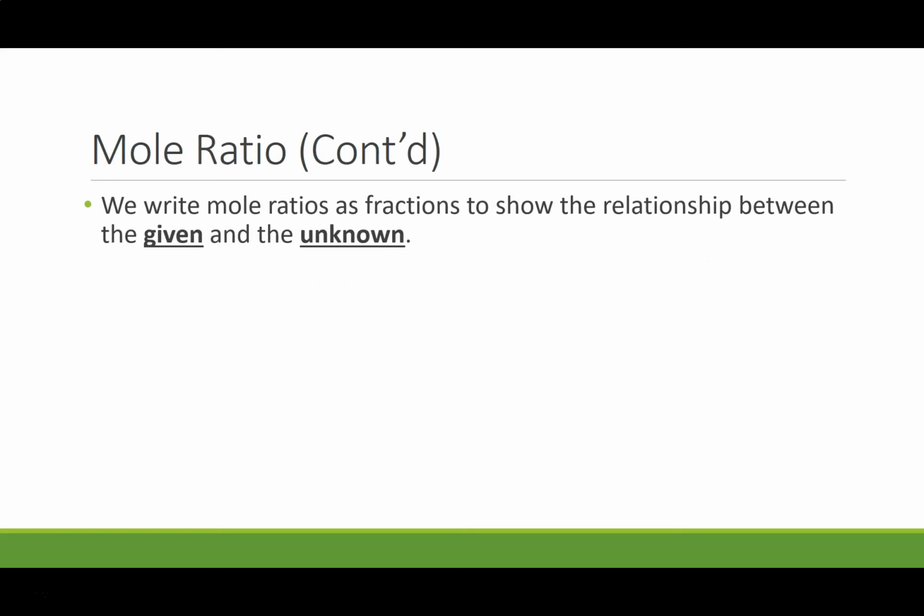Just like in math, we write mole ratios as fractions, and the mole ratios show us the relationship between the given and the unknown in a problem. Here's the same balanced equation from the slide before, and we're going to write all of the mole ratios that we can get from this equation.